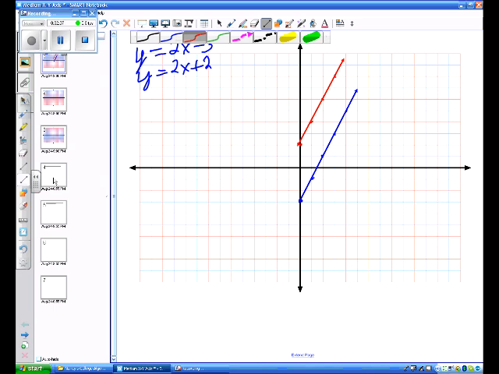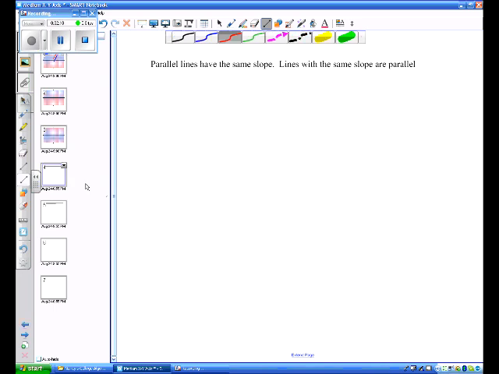That makes it fairly easy if we're trying to write equations. For certain things, you would be given one line and you want to find the equation for the line that is parallel to it.